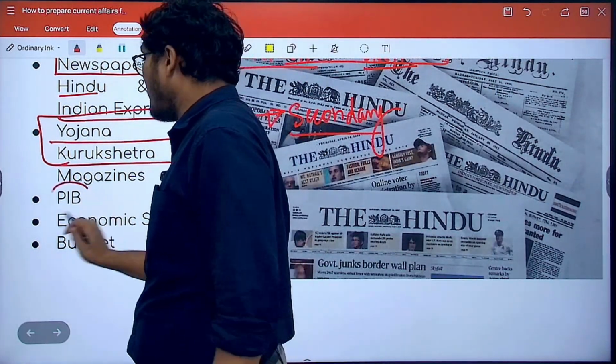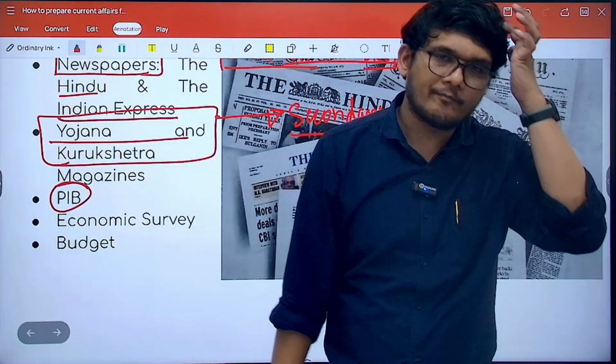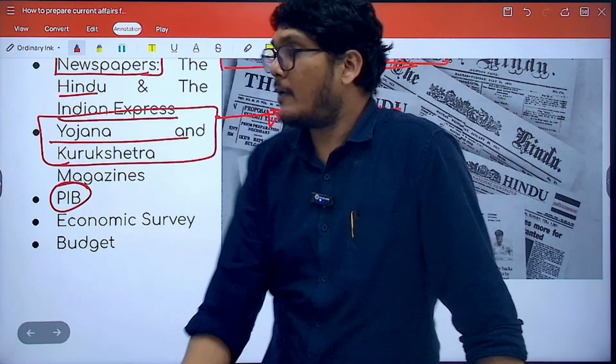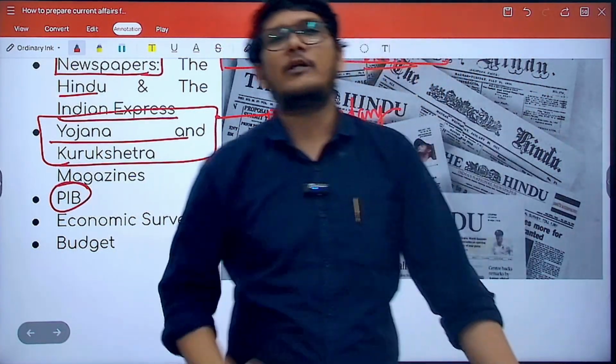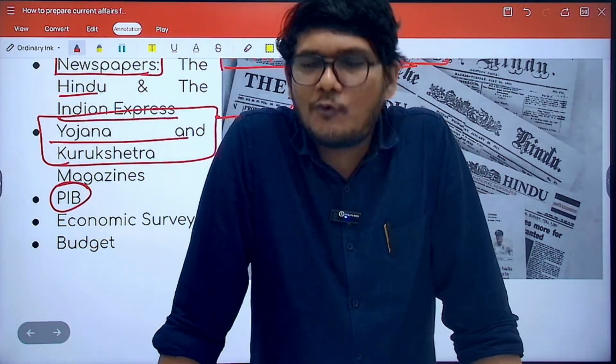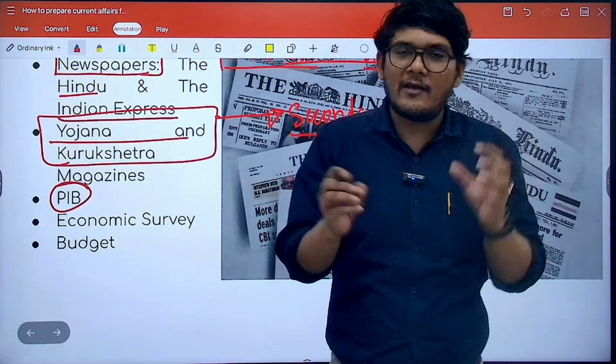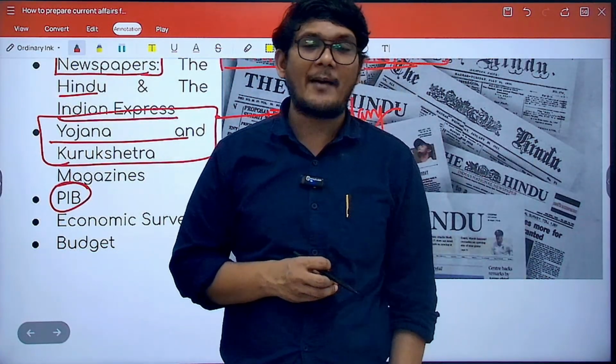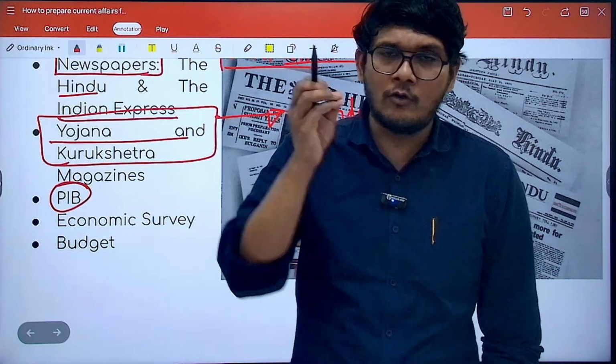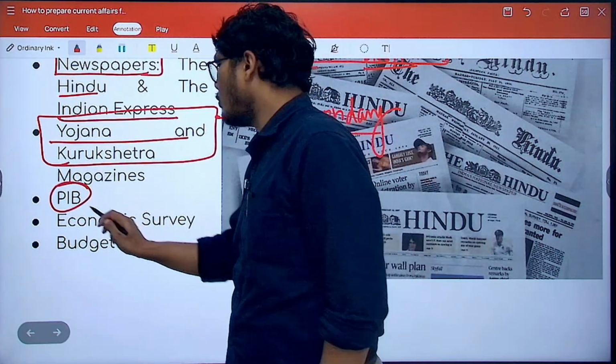Then you have the Press Information Bureau of India. So PIB releases hundreds of notifications every day. Of course, you don't have to do them. Only those two, three or few of them which are relevant for UPSC civil services examination every single day, only them you have to do.